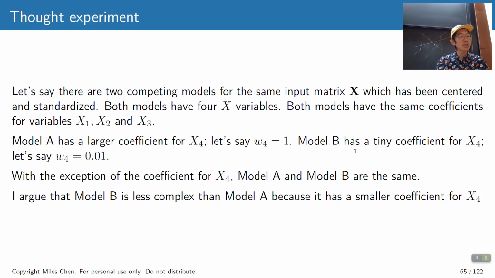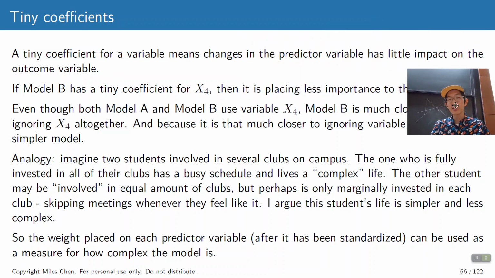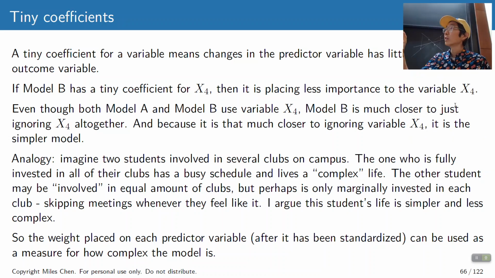Okay, so with the exception of coefficient X4, model A and model B are the same. Okay, and I'm going to argue that model B, because it has a smaller coefficient than model A, is the less complicated model, or less complex model, than model A. Okay, because basically the tiny coefficient means that changes in that variable X4 have little impact on the outcome variable.